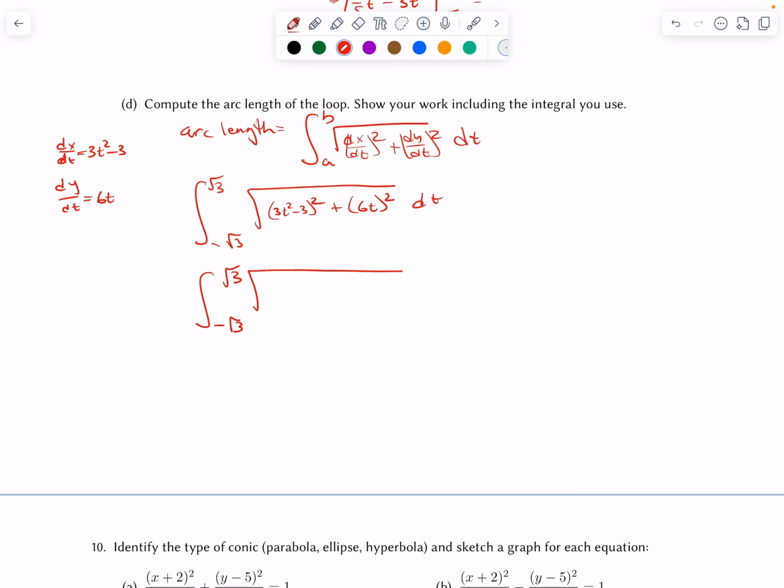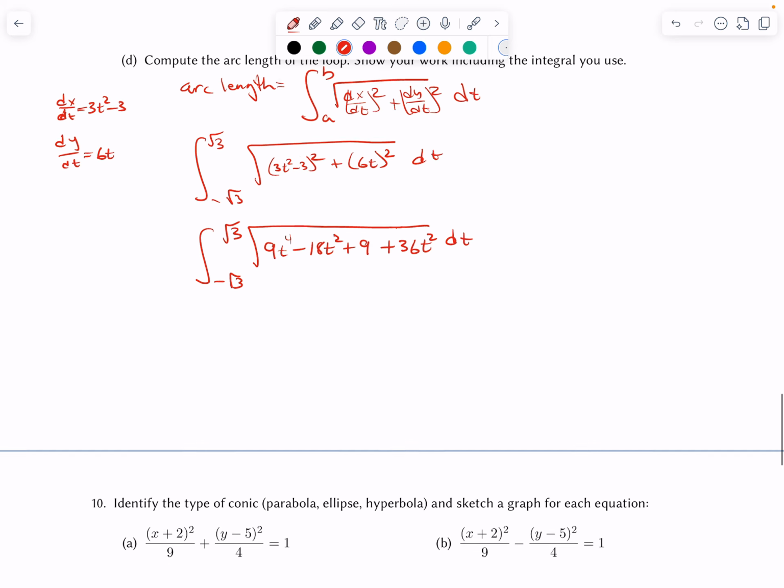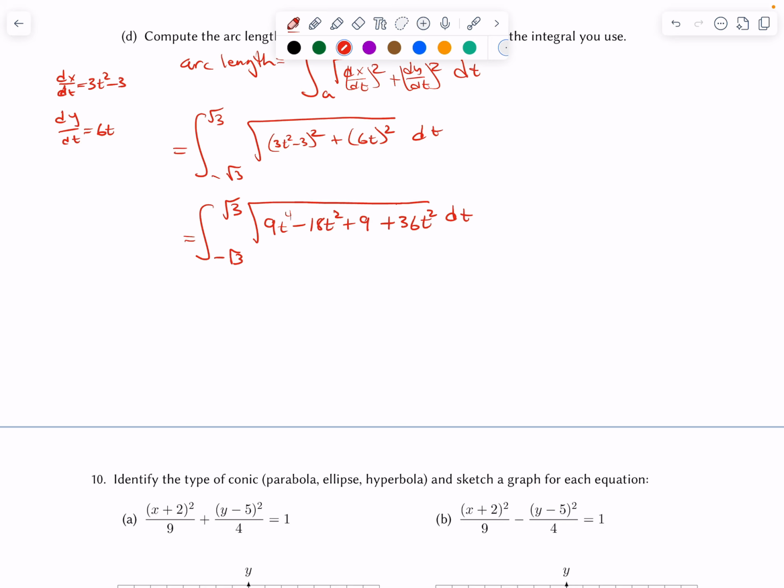Squaring a binomial, hopefully you know how to do that. 9t to the 4th, twice the product of the two terms, minus 18t squared, plus 9, plus 36t squared. And then some magic will happen here.